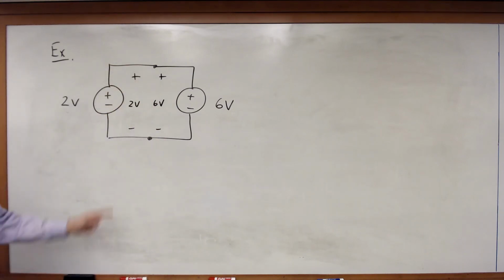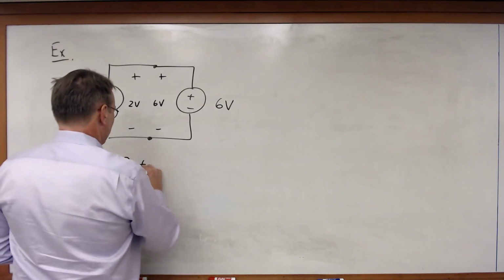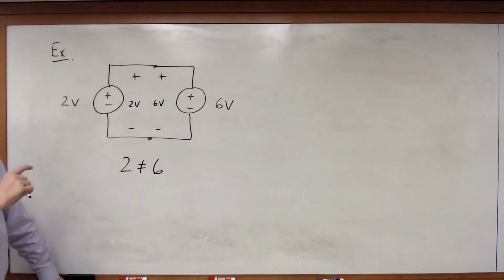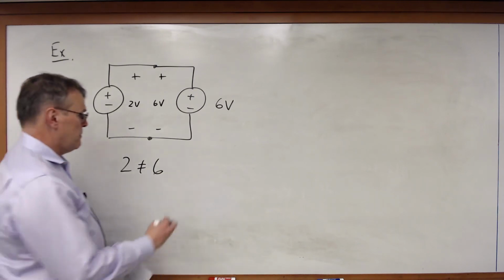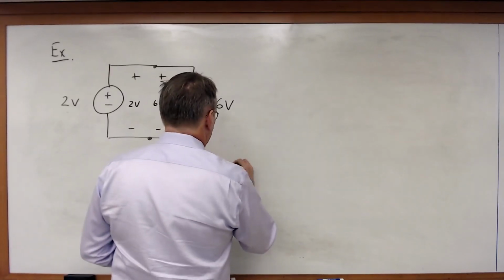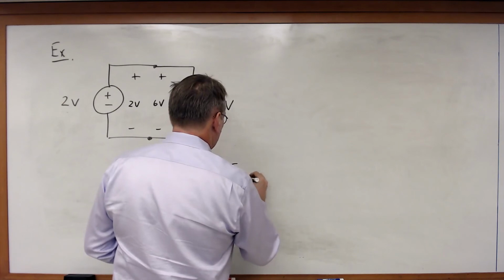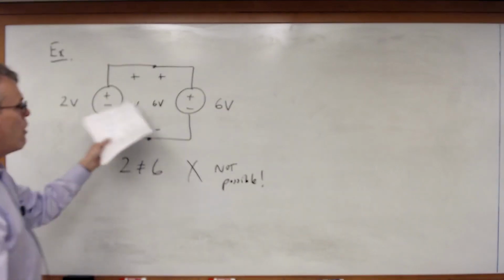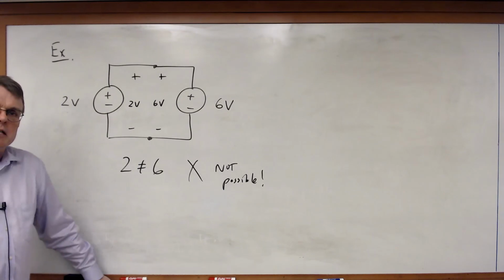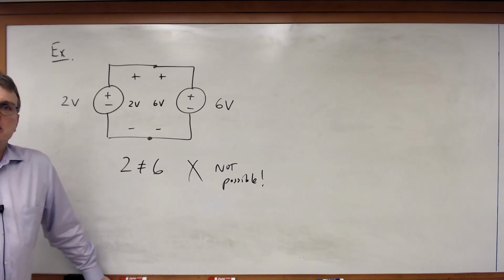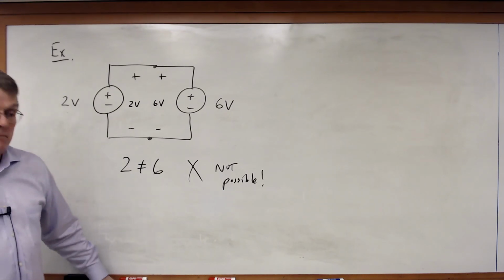There's only one problem. 2 is not equal to 6. This is mathematically the same as saying 2 is equal to 6. Not possible. So although I can draw this circuit and connect those 2 sources together, that's not a physically realizable circuit. It makes no mathematical sense.